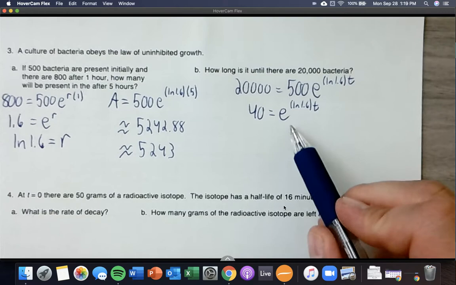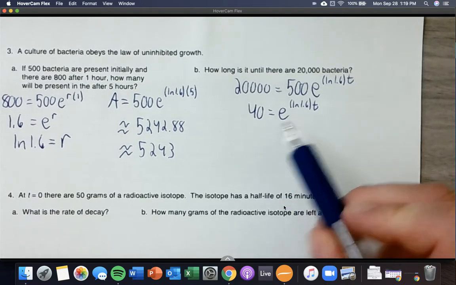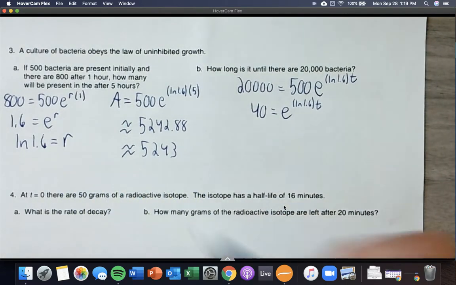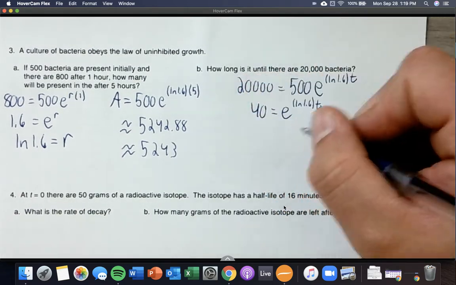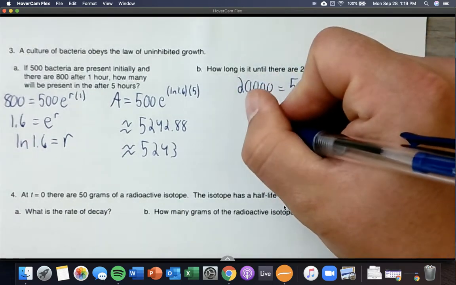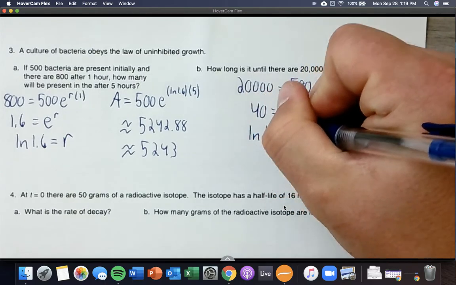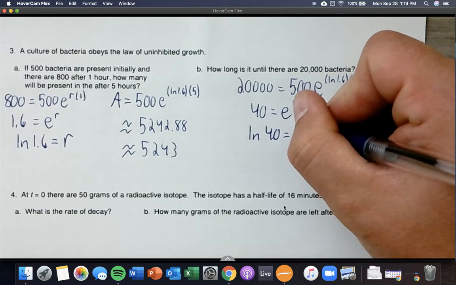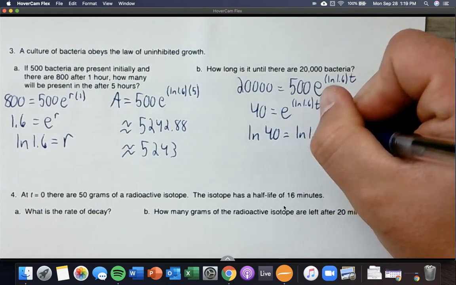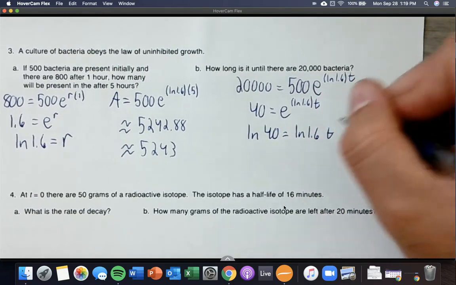Right, and here, same thing as we did right here, we would change it to that natural log form. So we can say natural log of 40 is equal to our exponent here, which is natural log of 1.6 times t.